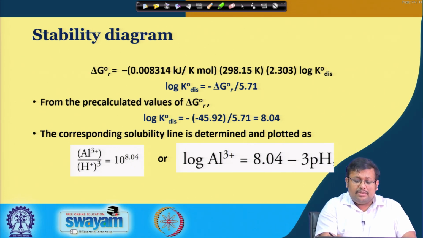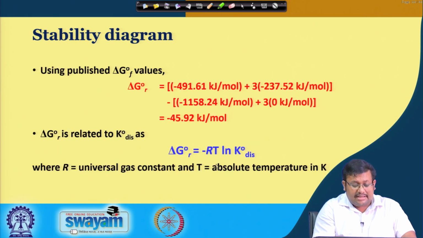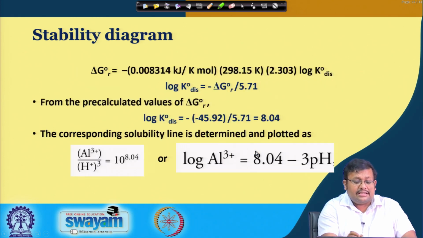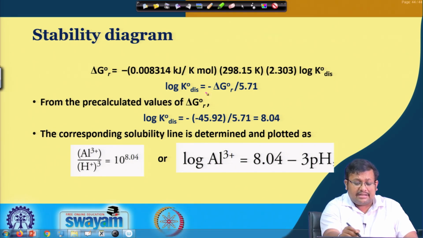Now, by inputting all the values, that means R, T, ln K0d, we will get this equation.